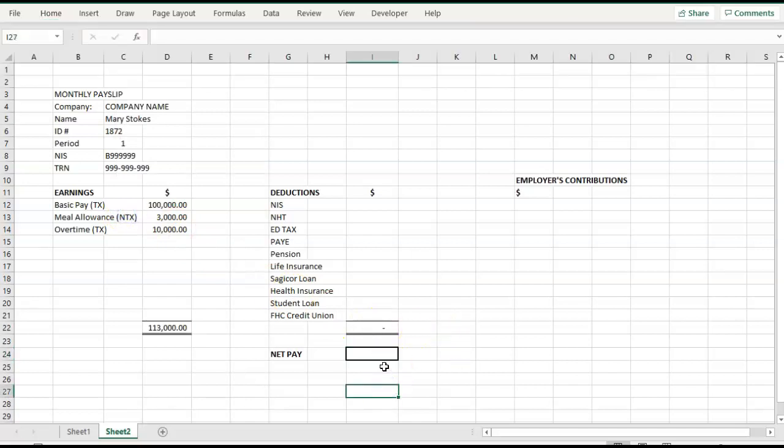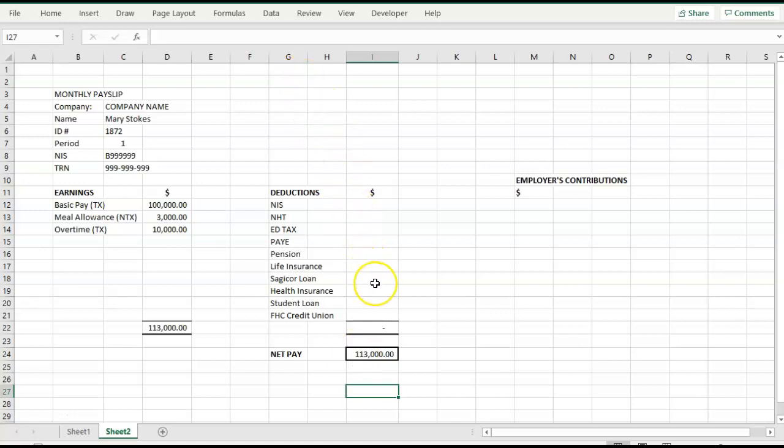So the formula for the net pay will be this cell, which is D22, minus this cell, which is I22. There's an equal sign to start your formula. Click on D22, put in my minus sign, and click on I22. So right now there are no deductions, so the net pay is showing 113,000.